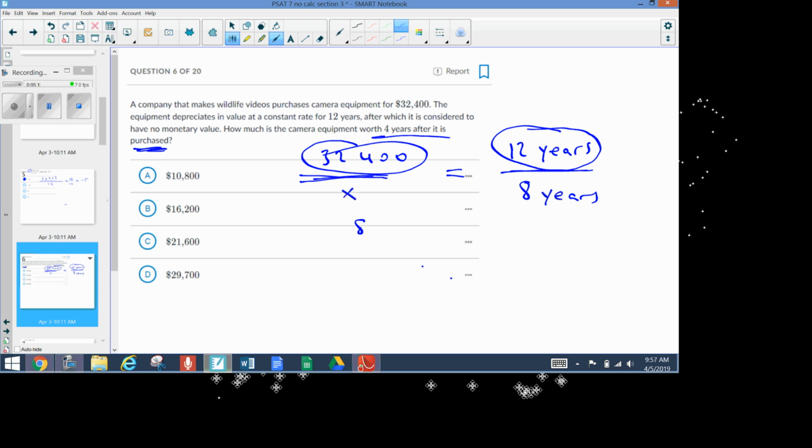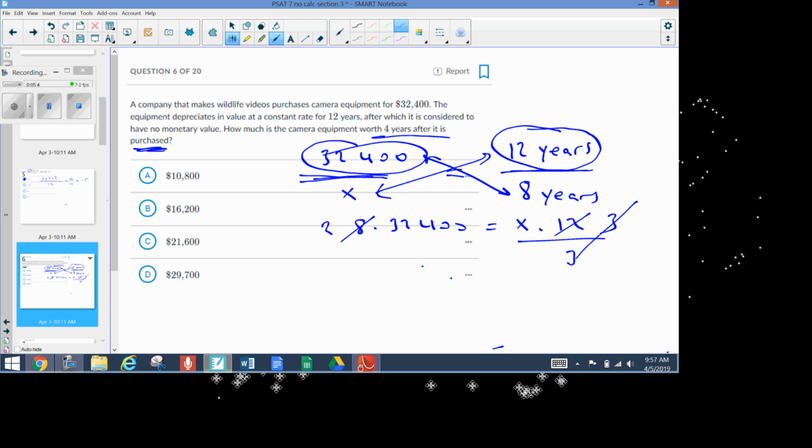So 8 times 32,400 is equal to, we do cross multiplication, x times 12. Okay, so we're going to divide 8 by 4, 12 by 4, and so divide both sides by 3. X will be equal to how much?